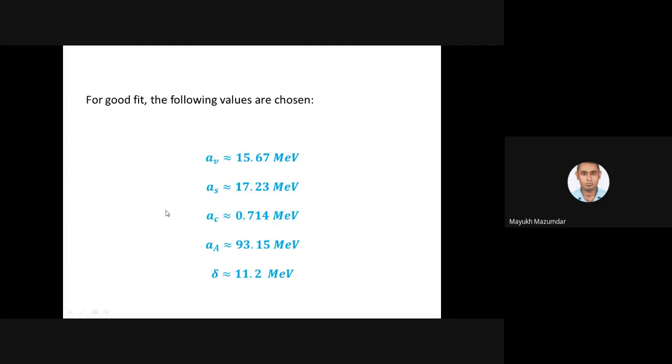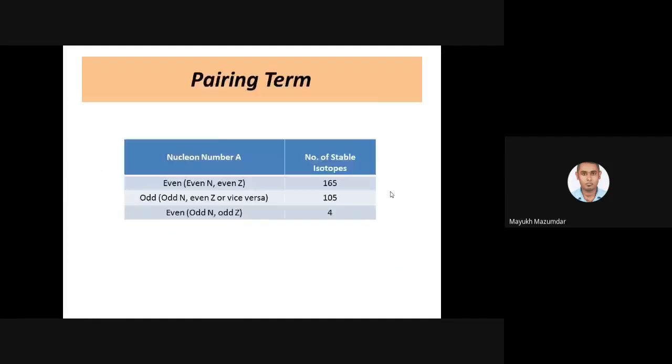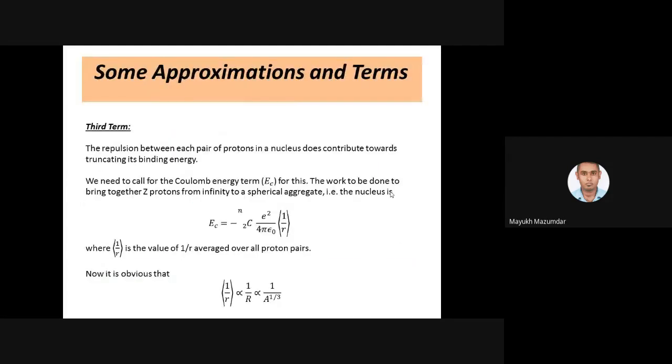This is very important from your interview perspective. I told you before also one day that they may ask you how is E_V coming to be nearly 16 million electron volt. So students, what comes to the mind is putting the values of these things and start putting these values.